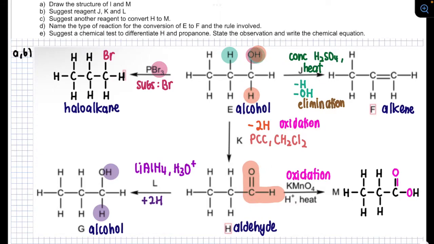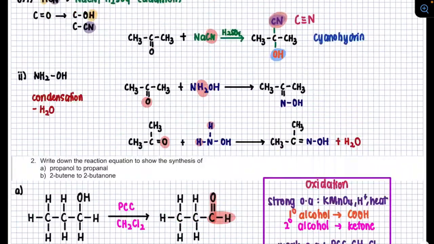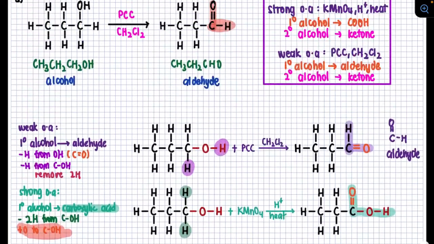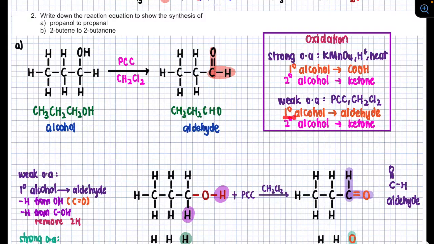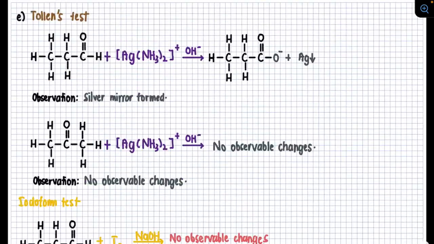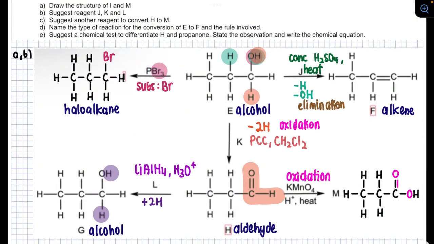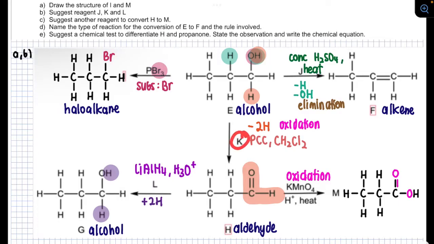However, for this oxidation, it must be PCC in CH2Cl2, because primary alcohol to aldehyde must use a weak oxidizing agent. So we go back to that question. This is reagent K, PCC in CH2Cl2.